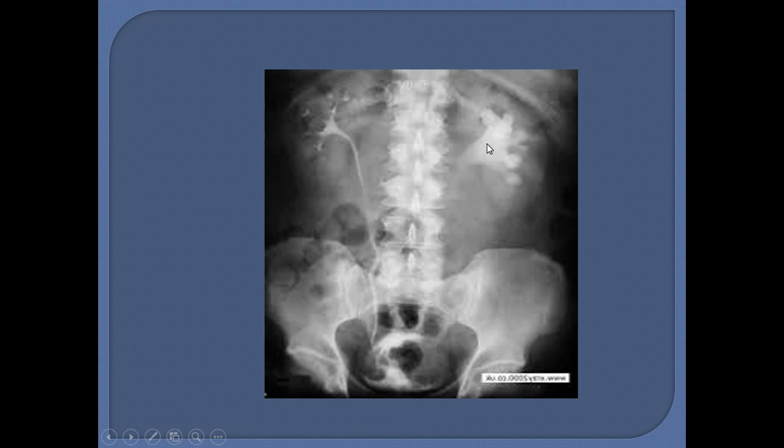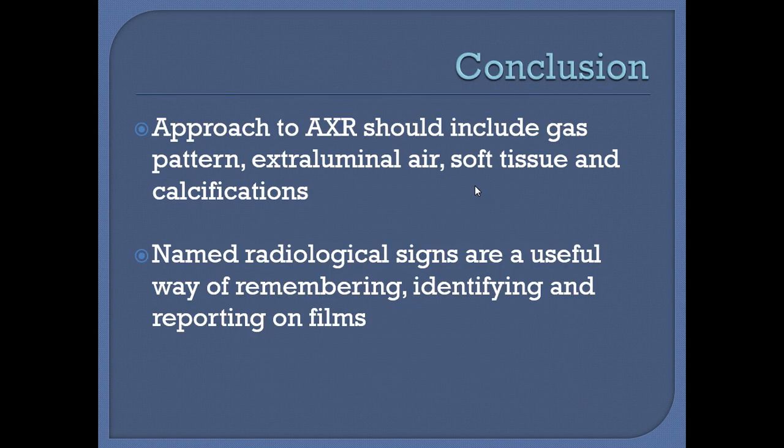But on the left side the system is dilated and there is abrupt narrowing at the pelviureteric junction, and we cannot visualize the ureter, so there is some obstruction in this area with proximal hydronephrosis.